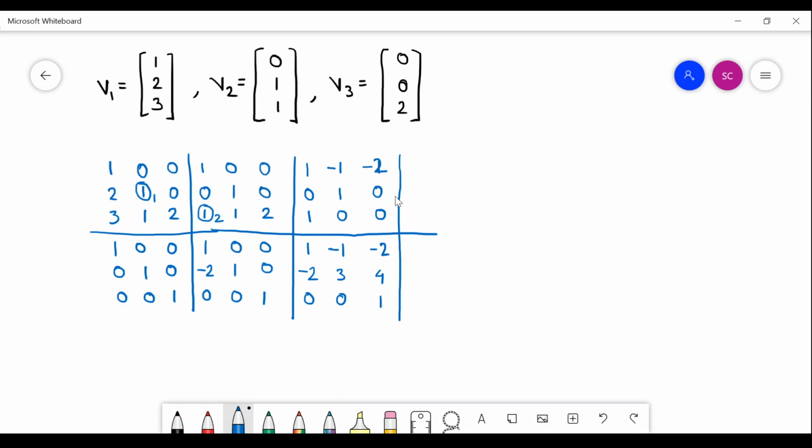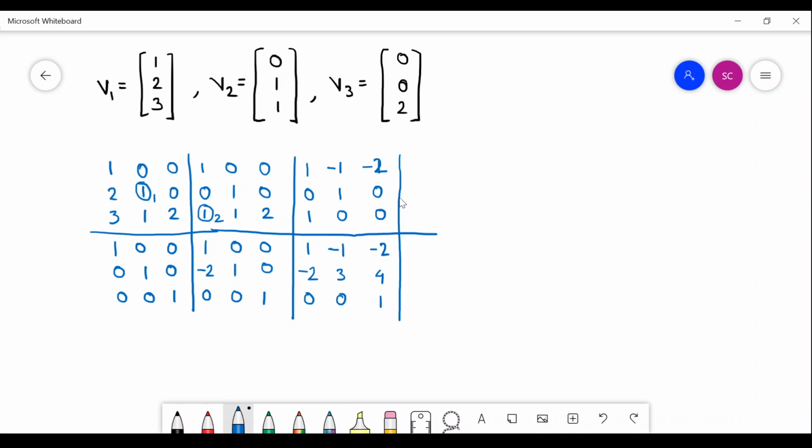So you can stop the operation here and write down that we cannot make any column 0, or you can do the next step of operation also, and then you can say that we have not been able to make any of the columns 0, and that means that the vectors that we started with are independent of each other.